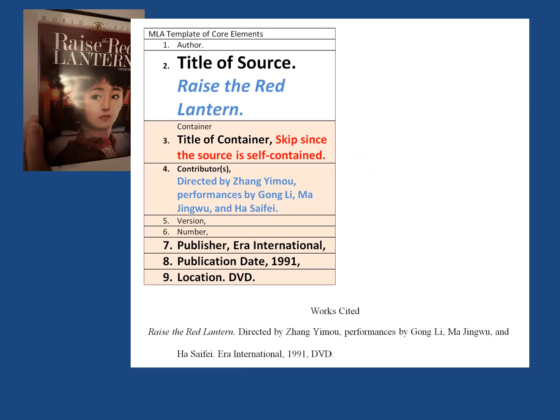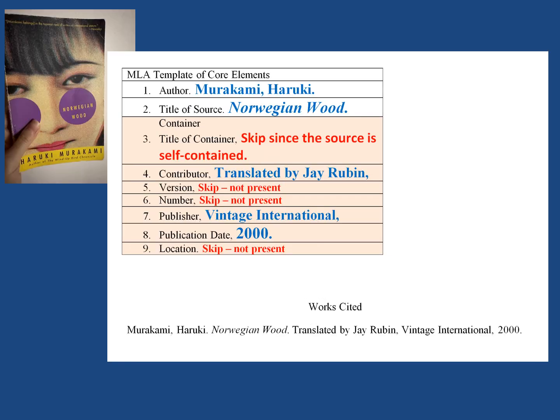When you put this into practice, you will see that the movie title is italicized and followed by a period. The complete book, Norwegian Wood, is also italicized and followed by a period.